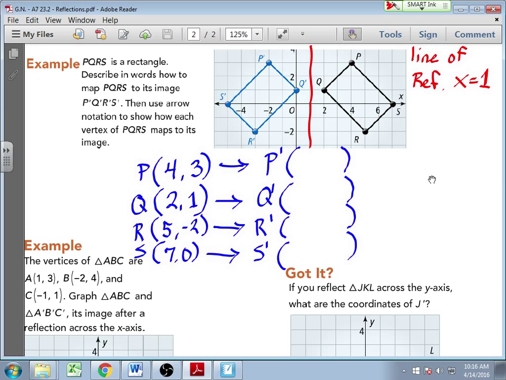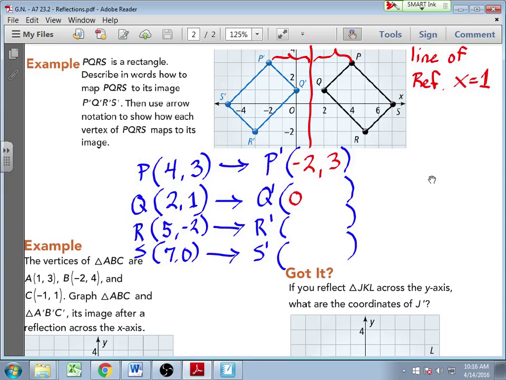An x equals line is vertical, which is also why this is not a function, but you guys will get there later, the functions and not functions. And like Seth identified, these are equidistant. That starts 3 away, and that's 3 away. But when I look at my P prime point, say that 10 times fast, -2 and 3, my y values are not changing, but my x values are.